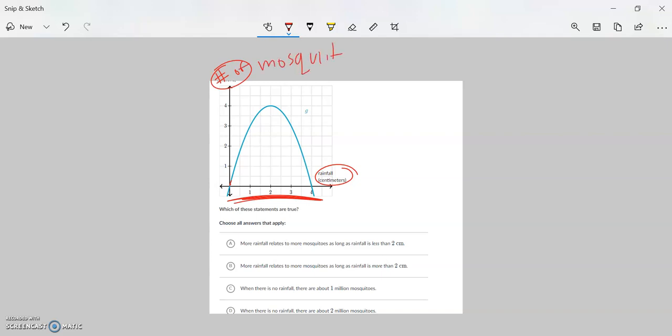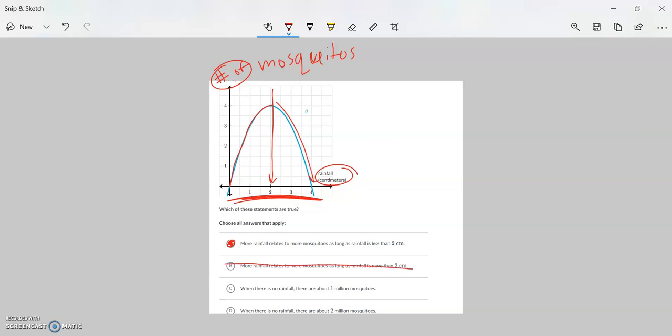I didn't spell that right. We'll put 2 I's in there. There we go. As rainfall increases, so do our mosquitoes until right here, and that is at 2 centimeters. So A is true. More rainfall relates to more mosquitoes as long as rainfall is more than 2 centimeters. Well, after 2 centimeters, it starts to decrease.